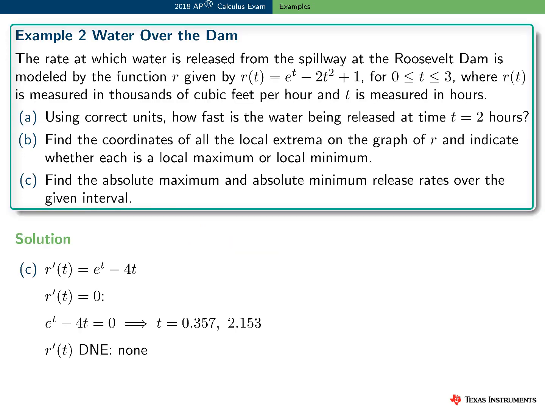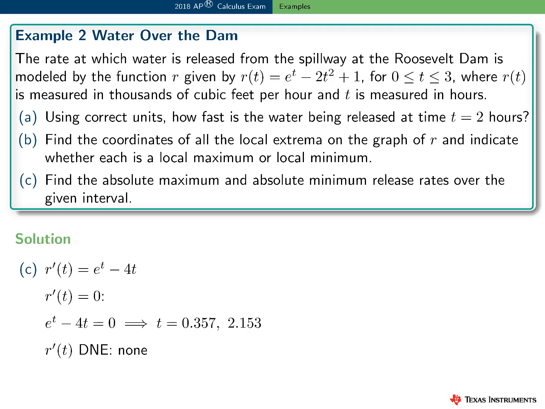Here's one more example in context. The rate at which water is released from a spillway is modeled by the function r for t between 0 and 3. In part A, how fast is the water being released at time t equal 2 hours?